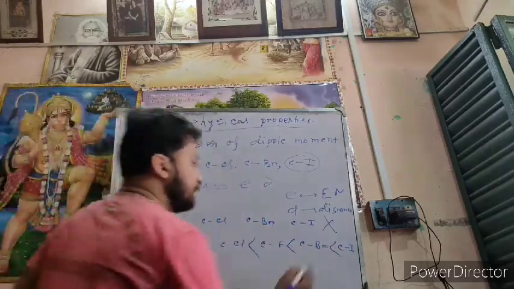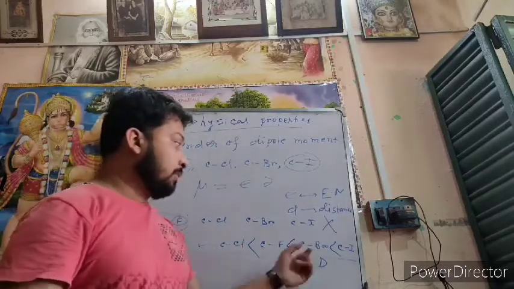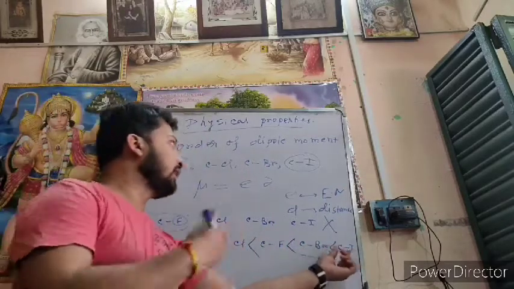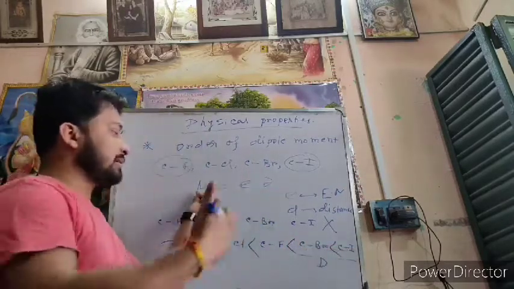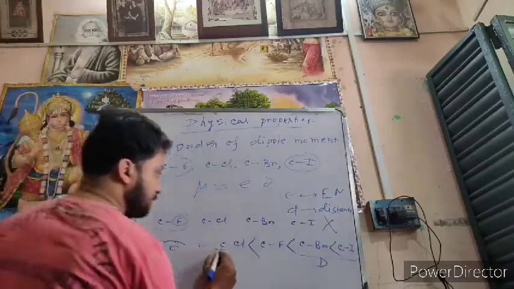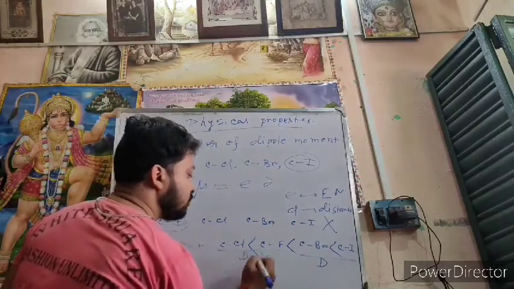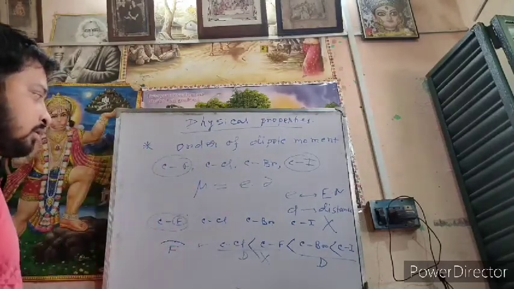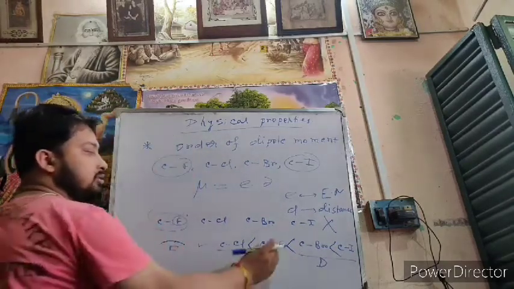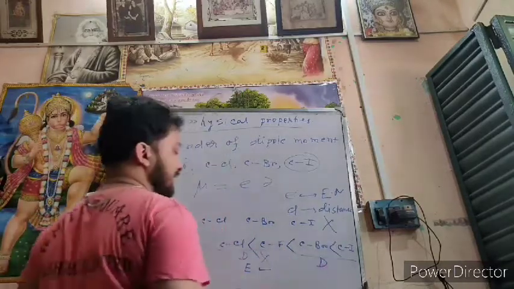Okay. There the factor is distance, because the distance of carbon-bromine and carbon-iodine is high. Therefore, with the increasing of distance, mu is increasing, so the dipole moment of this compound is high. But here, electronegativity is the factor. The distance of this compound is low, but the electronegativity of this compound is high.